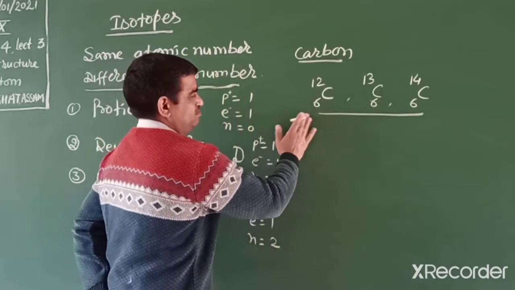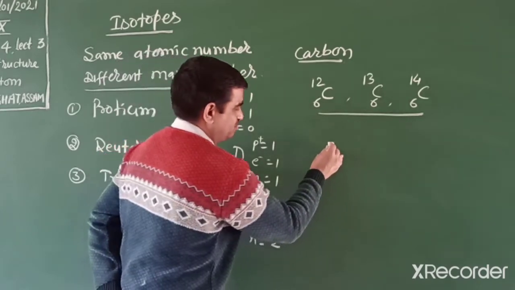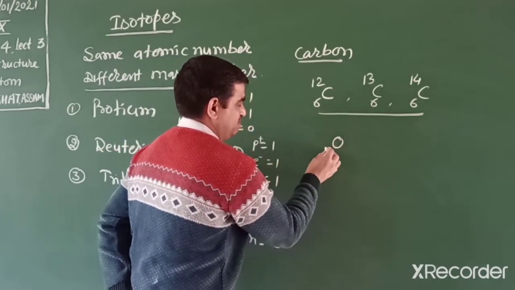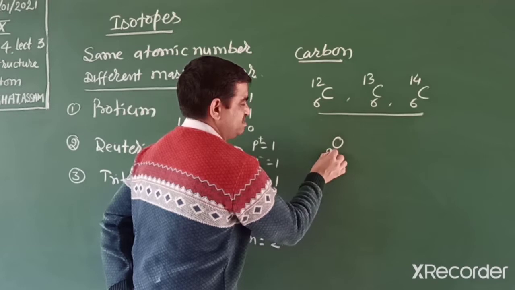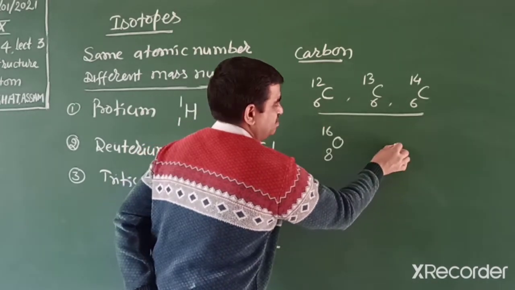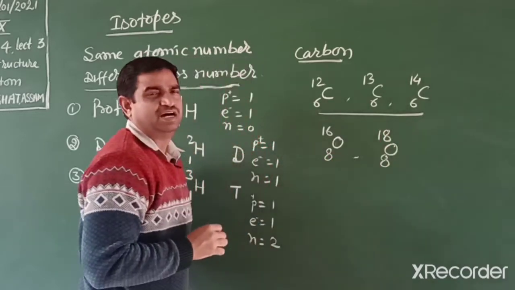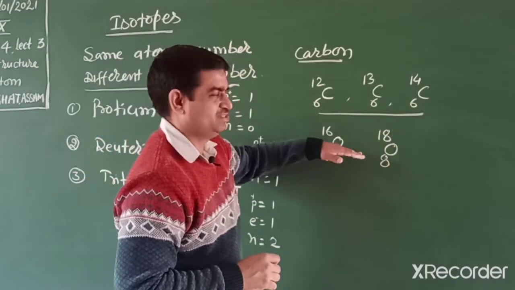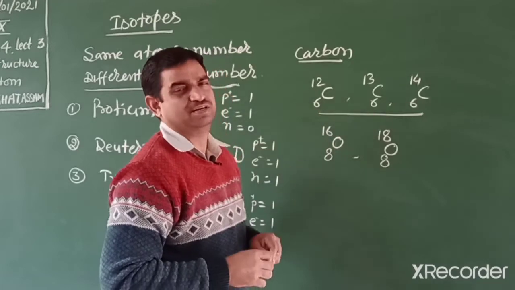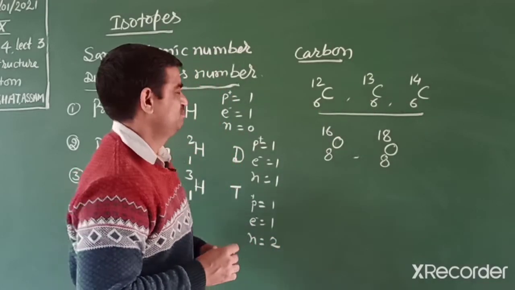Another example, oxygen. Oxygen has 2 isotopes, 8O16 and 8O18. These 2 are isotopes, meaning same atomic number, same element, different mass number, known as isotopes.